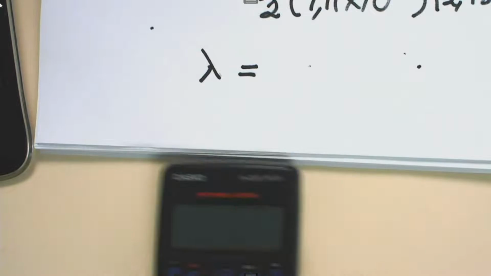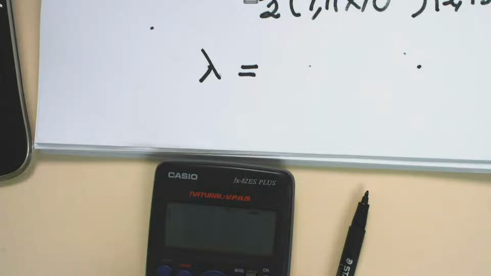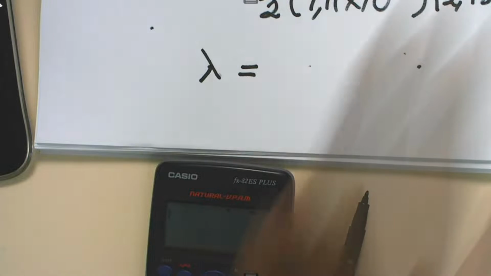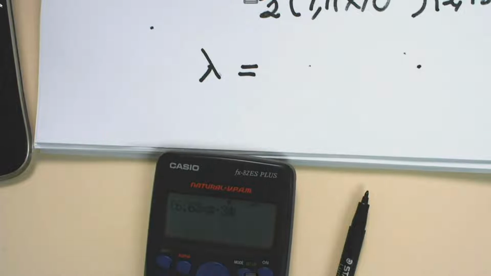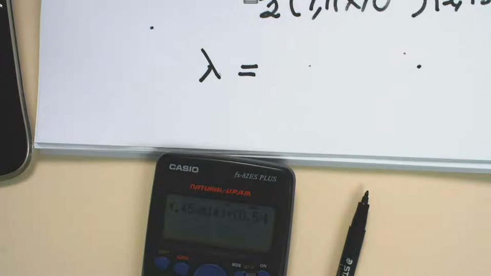When we do our calculation, we can do it in this way. Maybe we can add the side on the right first. The side on the right is 6,63 exponent minus 34, multiplied by 6,45 exponent 14, and then plus 0,5 multiplied by 9,11 exponent minus 31.